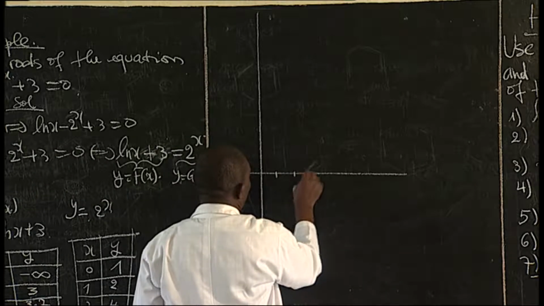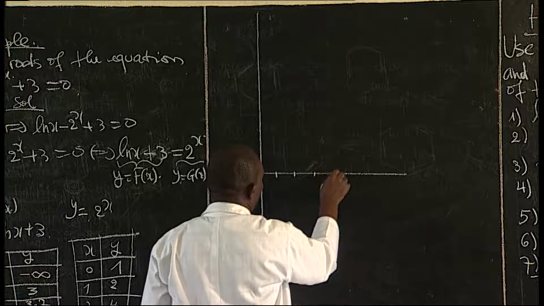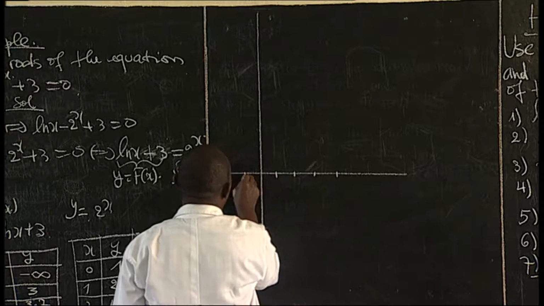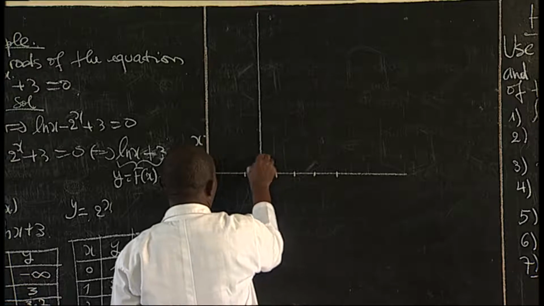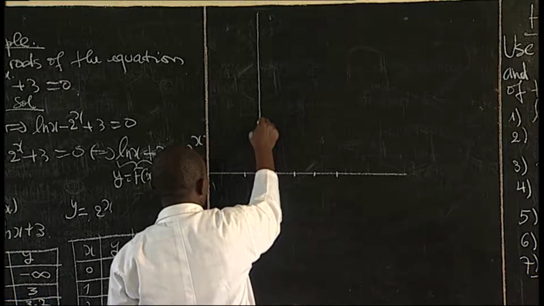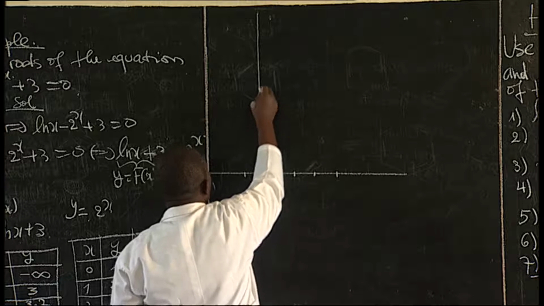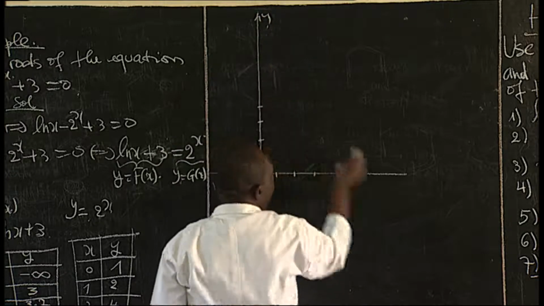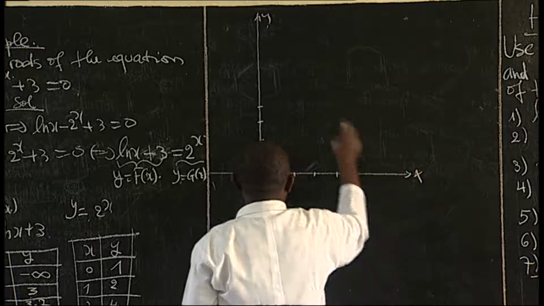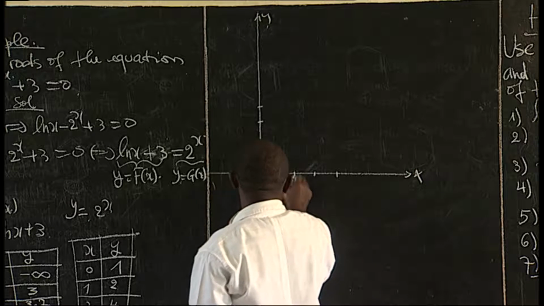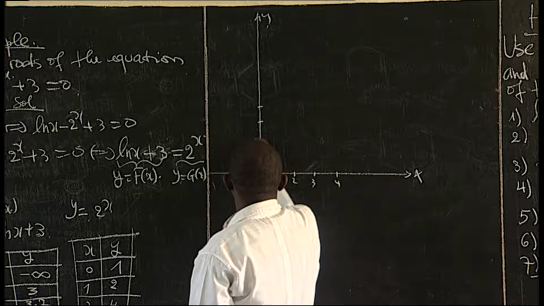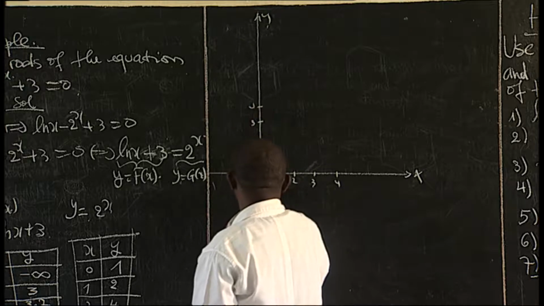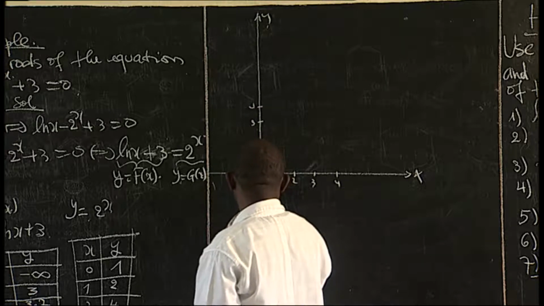X-axis, y-axis, 0, 1, 2, 3, 4, negative 1, negative 2, and so on.